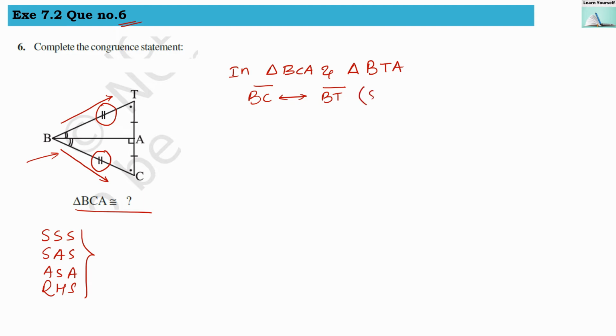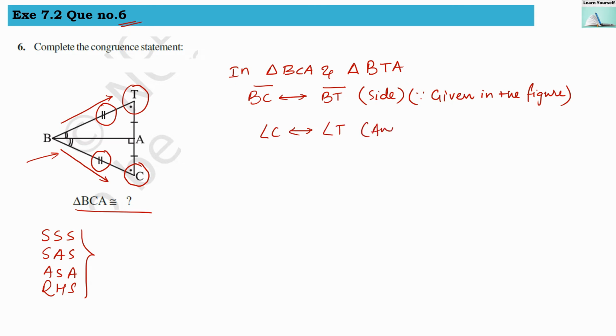And this is one of the sides, and why have we written this? Because it is given in the figure. The second one is the angle, angle T and angle C, they both are in congruence with each other. So angle C and angle T. So this is one of the angles. And why have we written this? Because it is also given in the figure.